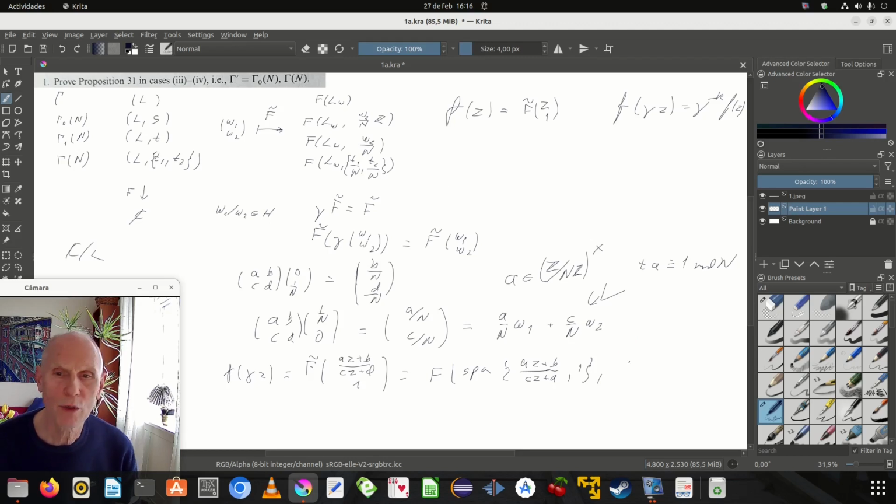Let's use gamma naught as example. That's 1 divided by n. That makes good sense. But then, yeah, then omega 1 divided by omega 2 lies in h, because z does, yes?